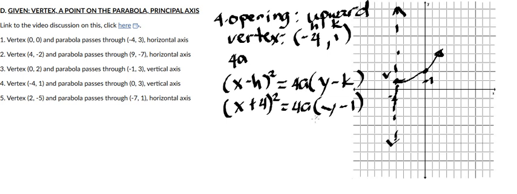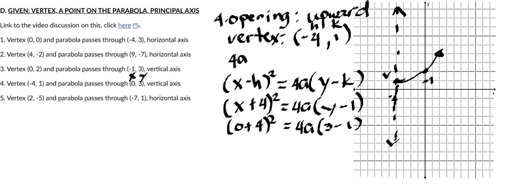And then from there, we are going to replace the x and the y with the values on the coordinate of the point that the parabola passes through. Our x will be replaced with a 0, and then we have plus 4 squared equal to 4a times y will be replaced with a 3 minus 1.